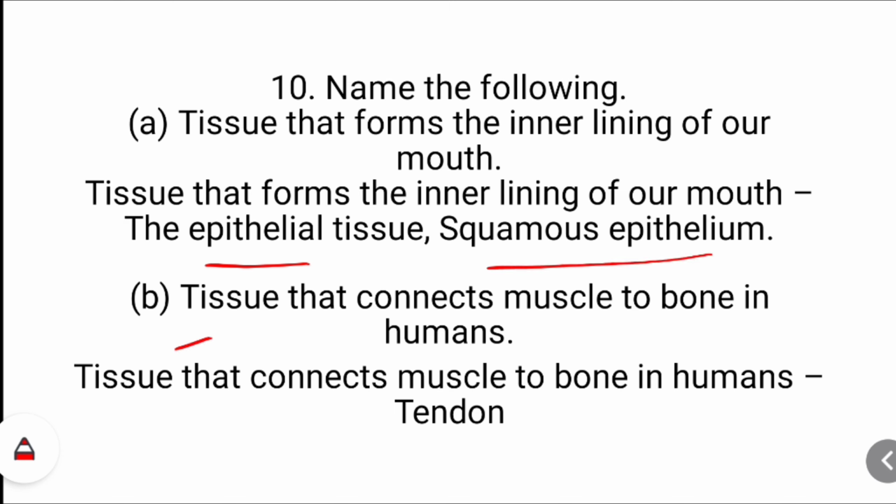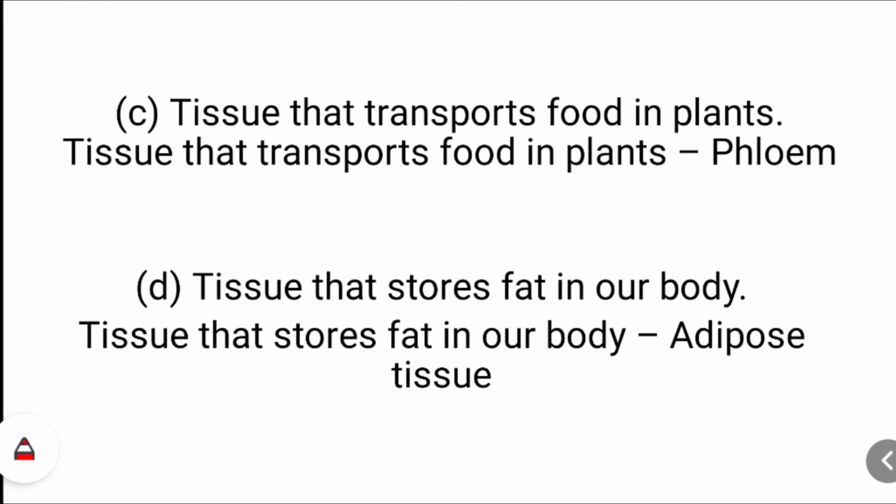B, tissue that connects muscle to bone in humans is called tendon. C, tissue that transports food in plants is phloem. D, tissue that stores fat in our body is adipose tissue.